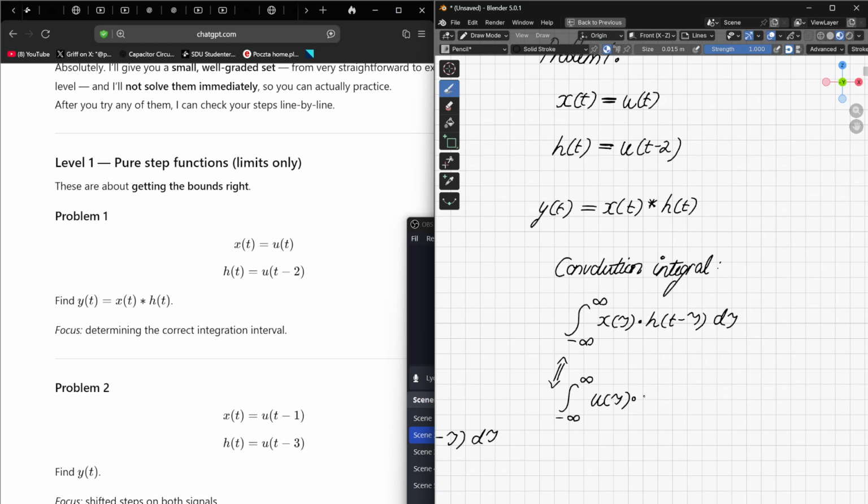So this is going to be u(t minus 2), and this is in brackets here, so we'll just do the brackets out here actually, and then minus tau, like so. Yeah. And then d tau.